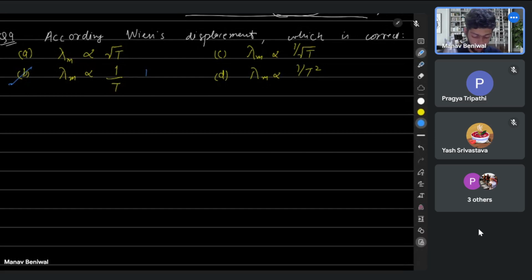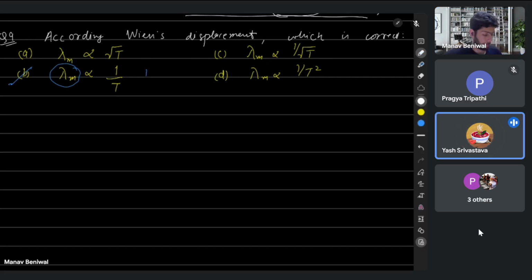I've already told you that this is the correct option. Can someone tell me what is lambda m and why does it have an m in it? Again, it comes from black body radiation, right?